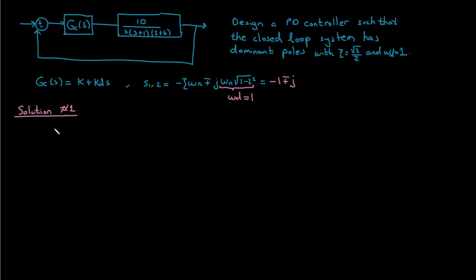G closed loop of s is equal to 10 times (k plus kd s) divided by s times (s plus 1) times (s plus 6) plus (k plus kd s).